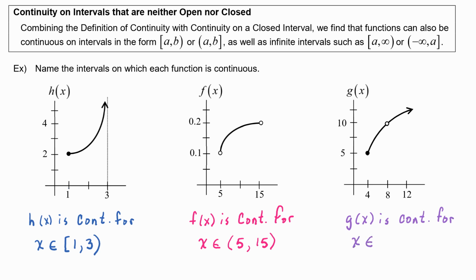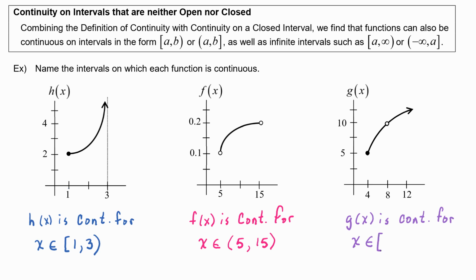Now for this graph, we will have to write it in two pieces. We can see that x equals 4 is included, and then every point between 4 and 8 is included, but at x equals 8, we have to exclude that point.